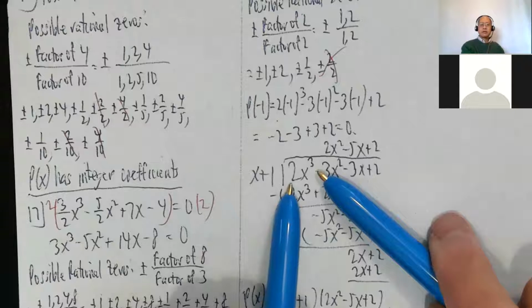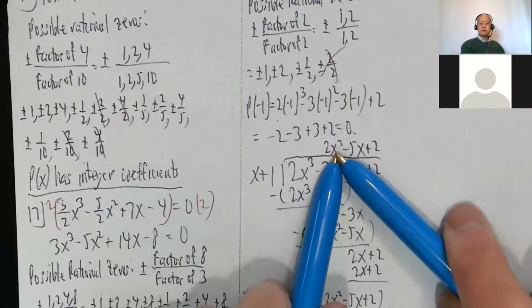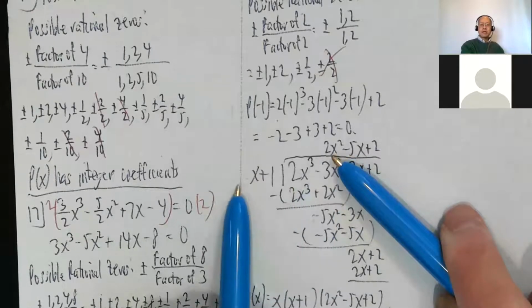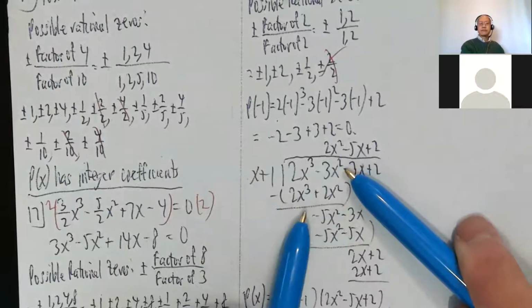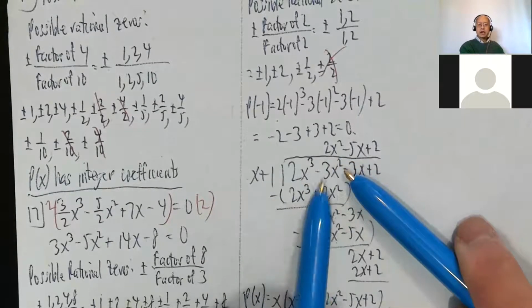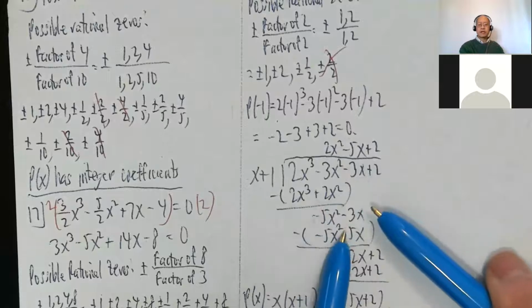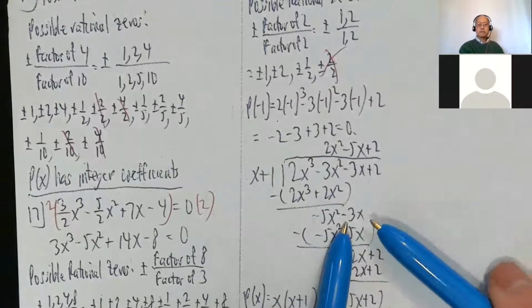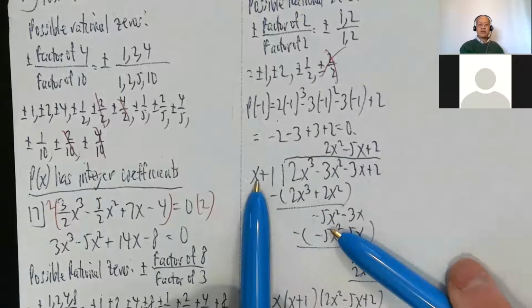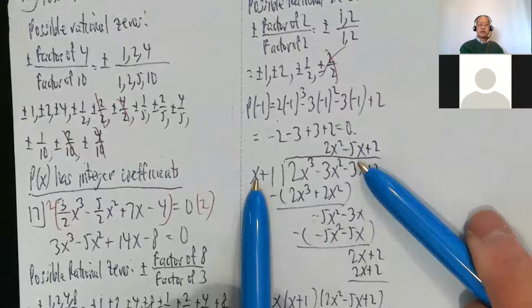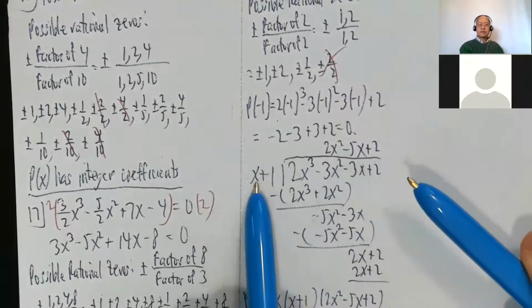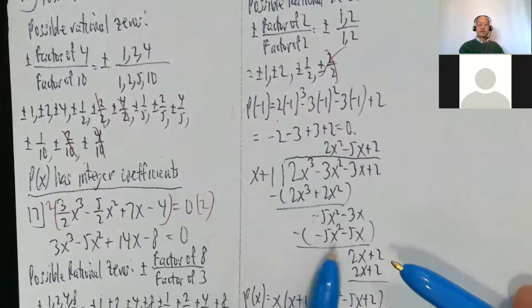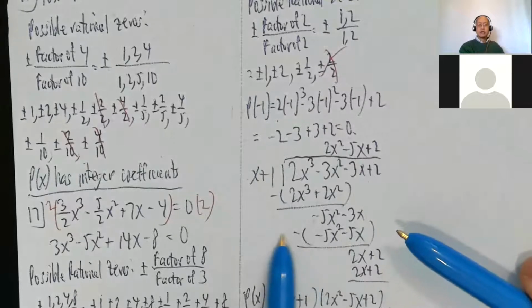x into 2x cubed is 2x squared. 2x squared times this whole thing is 2x cubed plus 2x squared. Subtract. That cancels out, leaving minus 5x squared. Bring down the minus 3x. x into negative 5x squared is negative 5x. Negative 5x times x plus 1 is negative 5x squared minus 5x.